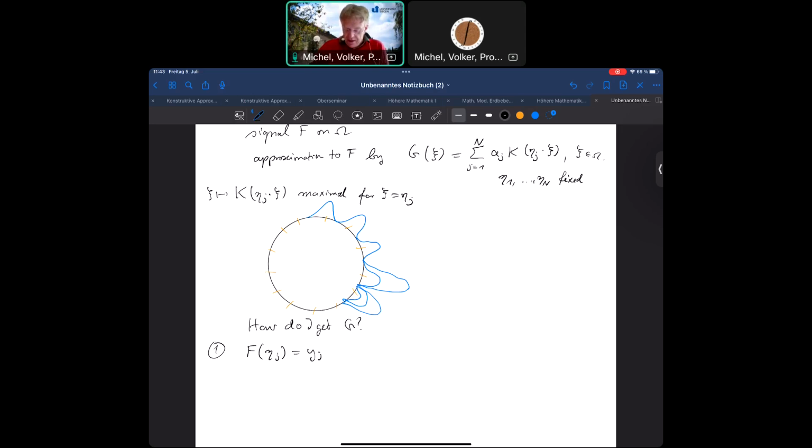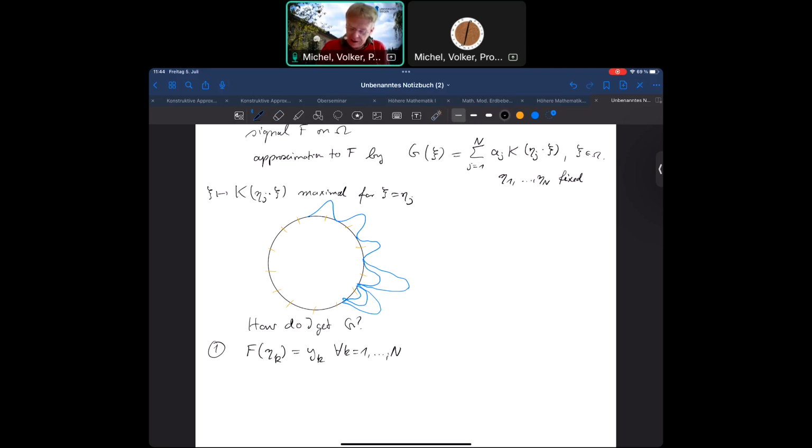So what you can do now is you can say, let's assume these eta j are the same. So the eta j are given by the points where you measure. And then you say, okay, let's take precisely these eta j for that. Well, maybe I can change the index, which makes it a bit easier. Let's say eta k is y k, for all k from 1 to n.